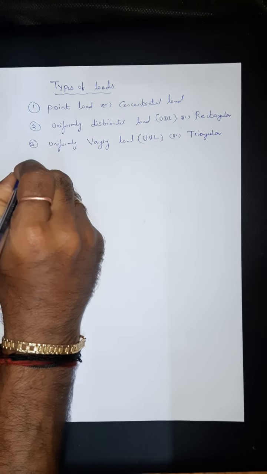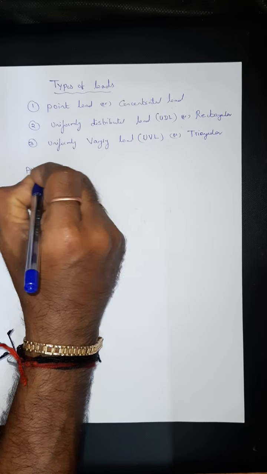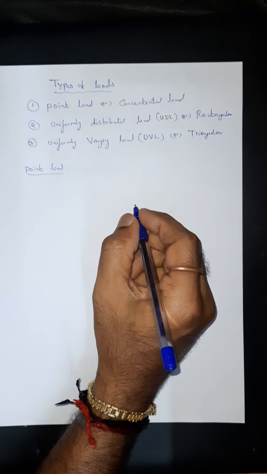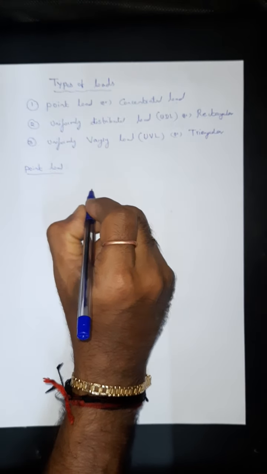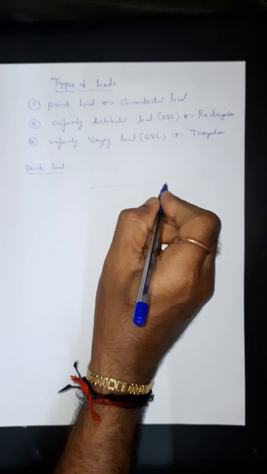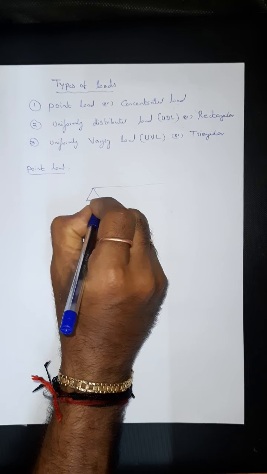Right. Let me explain the point load or the concentrated load. The other name of point load is concentrated load. Let me draw a diagram for your better understanding. This is the beam and this is the support.